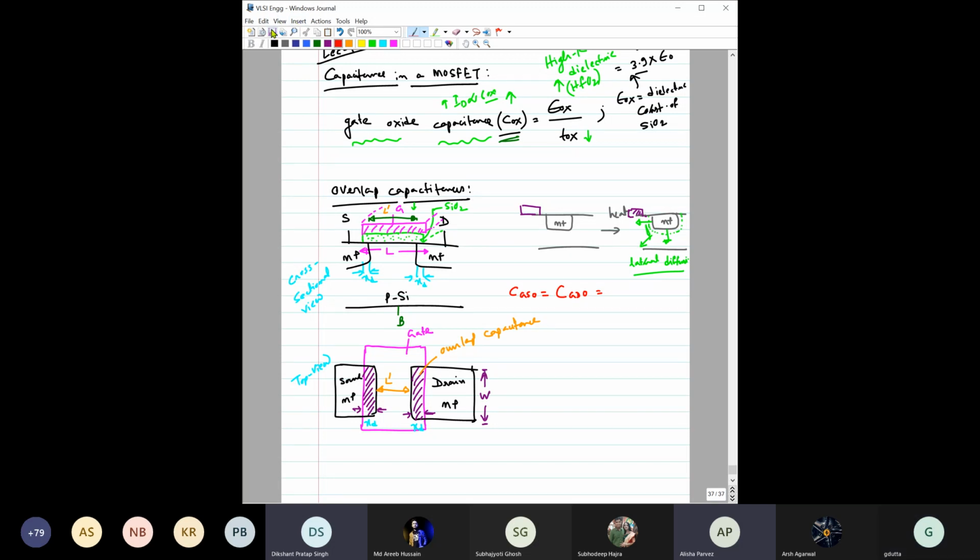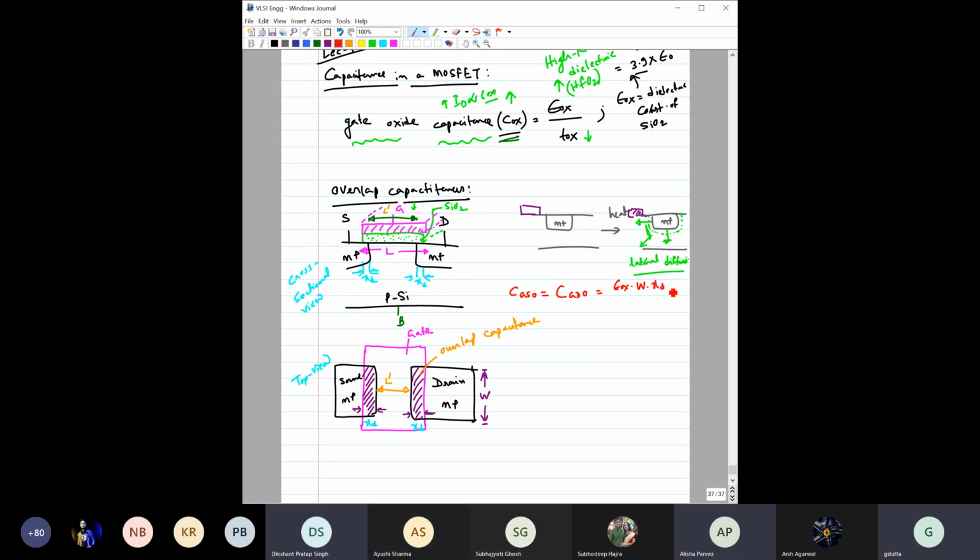Ayushi? Would it be epsilon of oxide multiplied by the area? The area would be the width, that is W, times the overlap of source and gate.